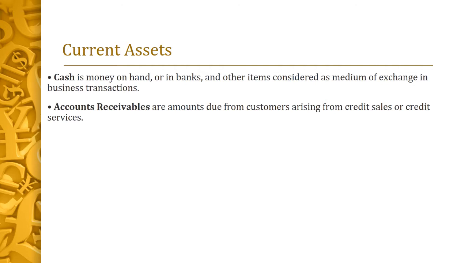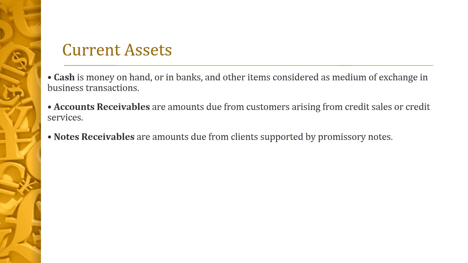Say, for example, you are doing repair services and you already repaired an item of a customer, but the customer didn't pay or just intends to pay after a few days, then you're going to have an accounts receivable. Or probably if you have delivered the items that the customer ordered, but they are going to pay, let's say, after a month, then you also have accounts receivables.